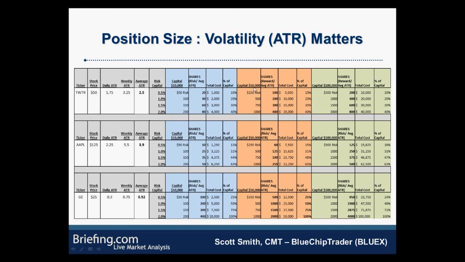And risking 40% of your capital when you only have 50,000, for some people that's a little bit too high risk. You should probably be more focused on 10 to 20% of your total capital. And over here at the end, you can see if you have 100,000 or more, what you should be risking on each one based upon their average weekly ATR.